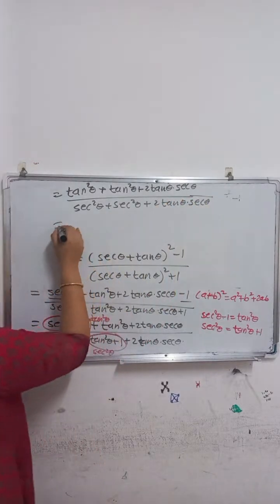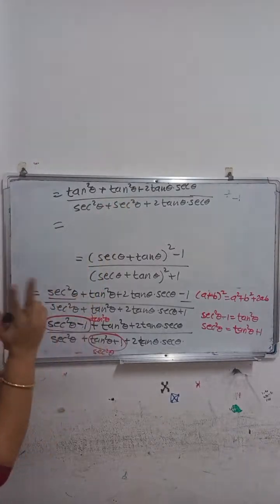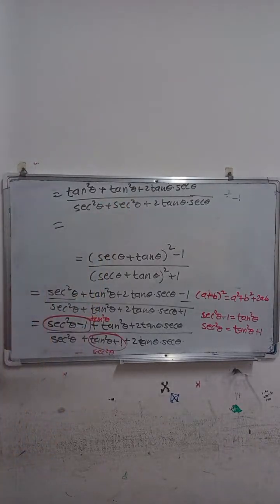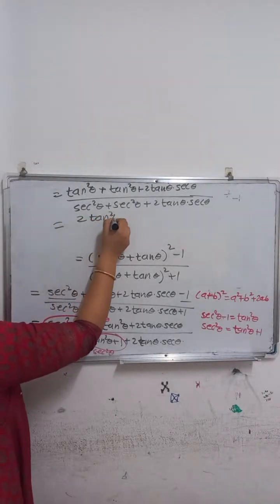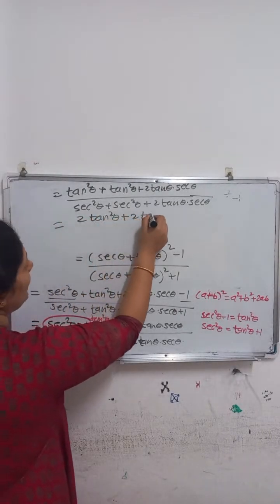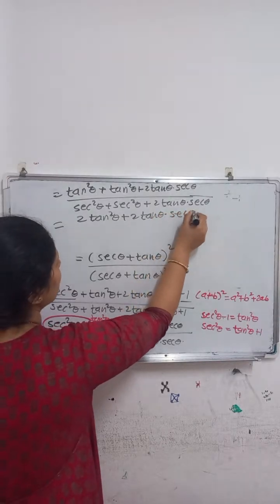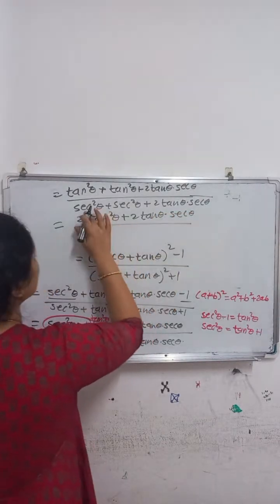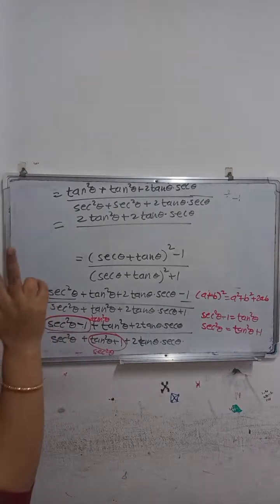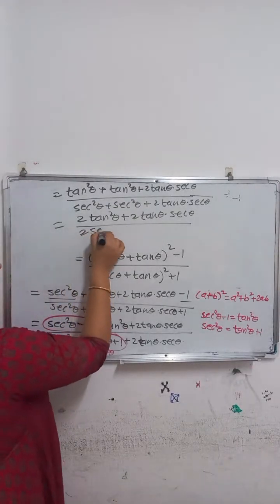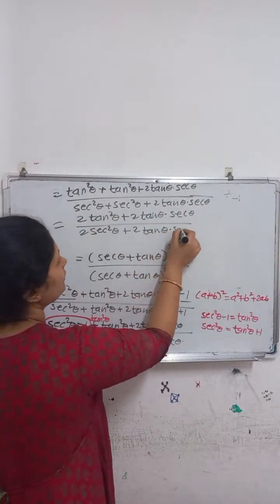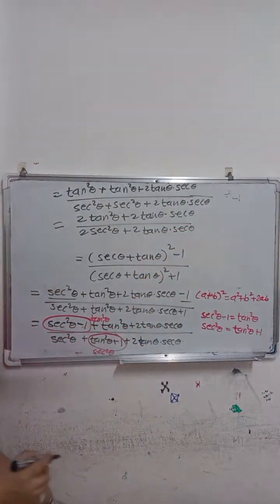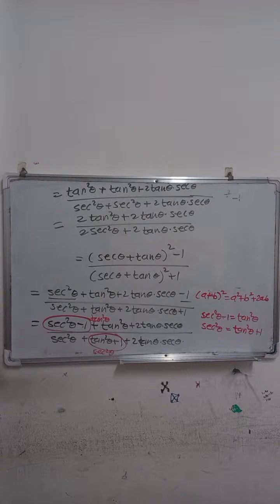So now tan square plus tan square is 2 tan square theta plus 2 tan theta into sec theta, divided by sec square theta plus sec square theta is 2 sec square theta, plus 2 tan theta into sec theta. Can you get it? See, I am simplifying step by step.